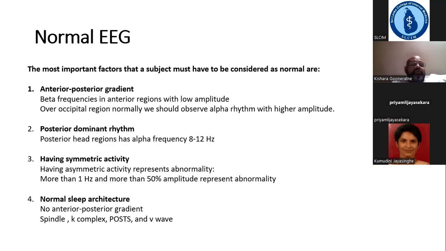The frequency of the leads in the posterior aspect is generally between 8 and 12 Hertz, which is the normal alpha frequency. There is generally symmetry between the right and the left hemisphere. If the difference between amplitudes is more than 50% between hemispheres, that is abnormal.